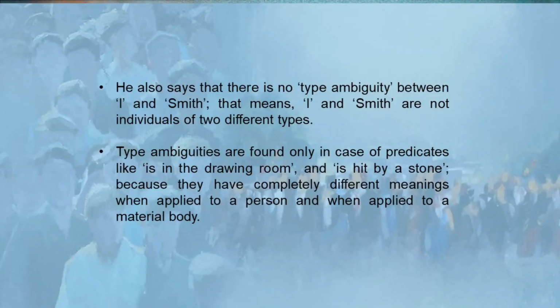He also says that there is no type ambiguity between I and Smith. That means I and Smith are not individuals of two different types. Type ambiguities are found only in the case of predicates like is in the drawing room and is hit by a stone, because they have completely different meanings when applied to a person and when applied to a material body.